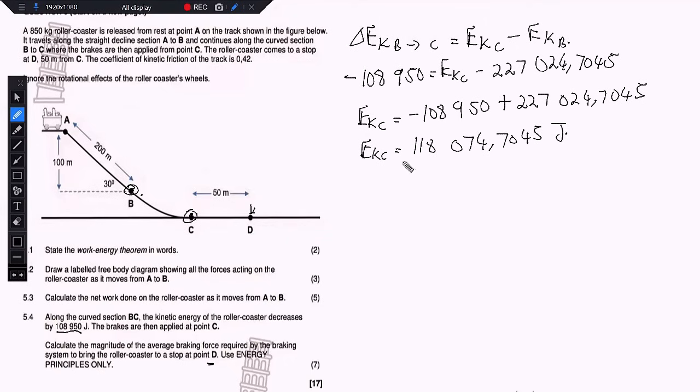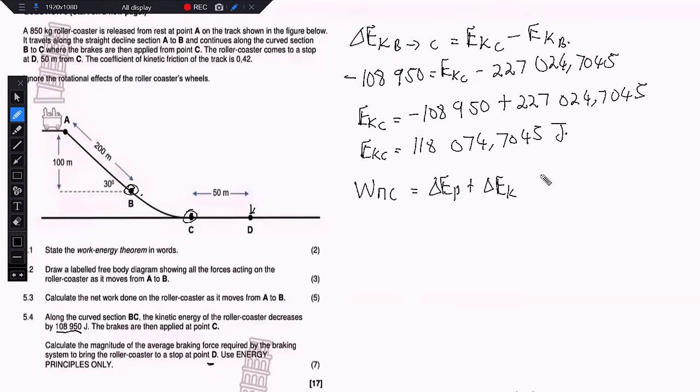Now that we have that, we can simply use the work done by non-conservative forces, which is change in EP plus change in EK.